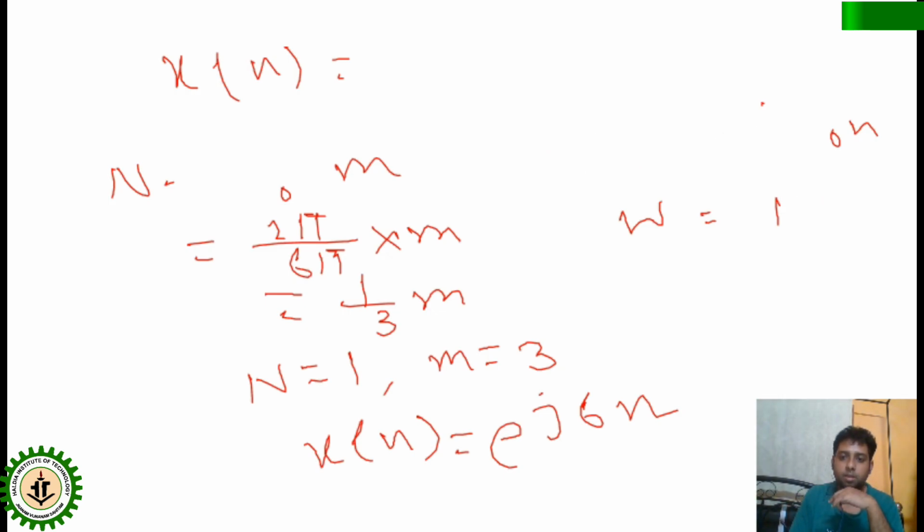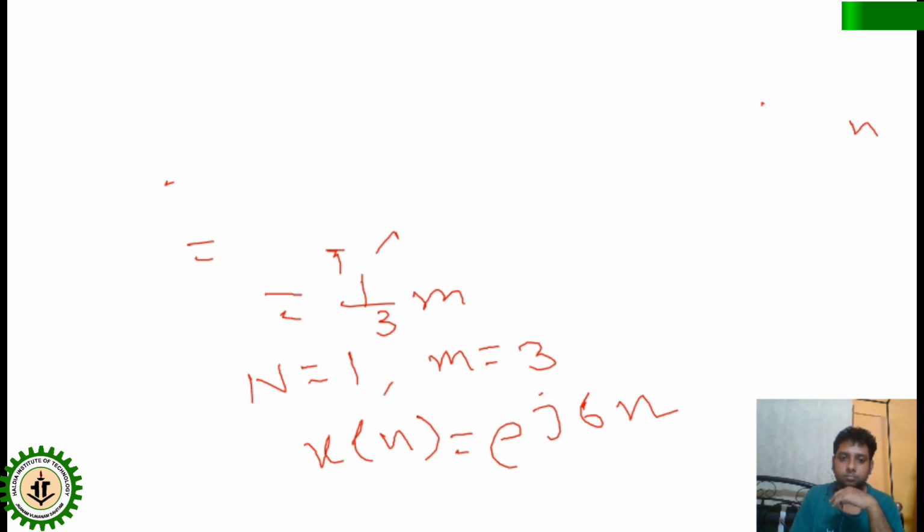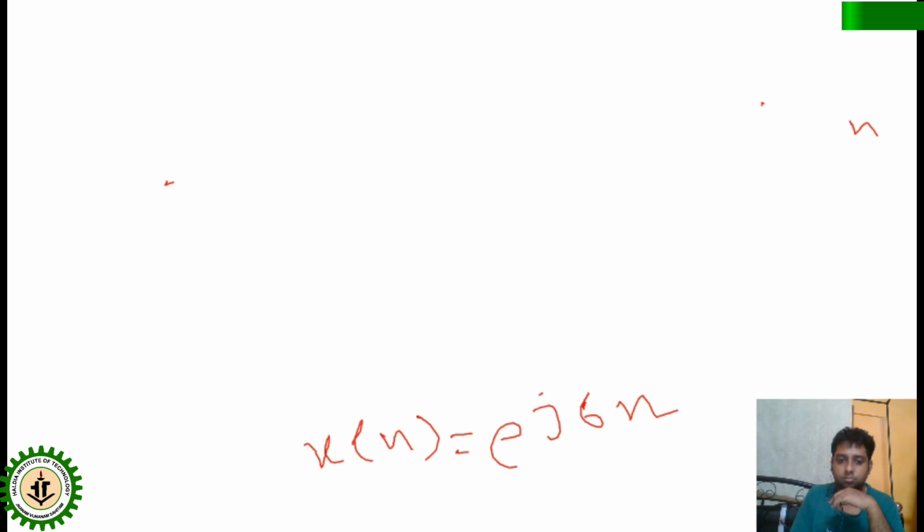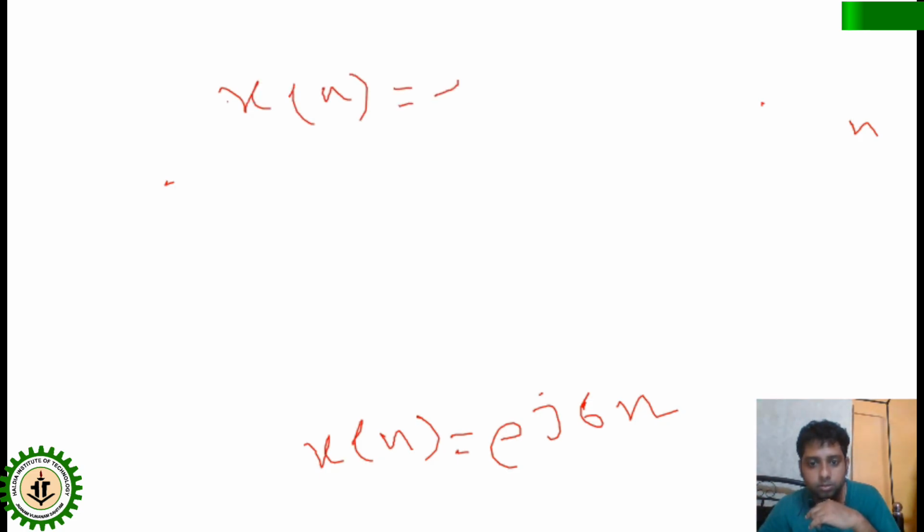Now to solve it, we will compare this with the standard expression, that is x of n is equal to e to the power j omega naught n, where omega naught is equal to 6.